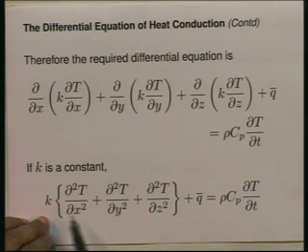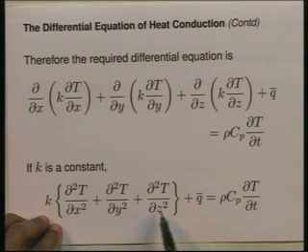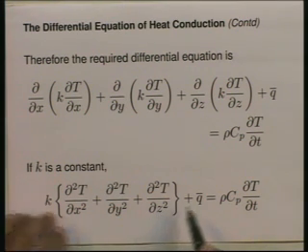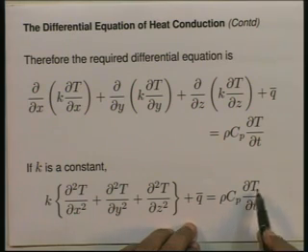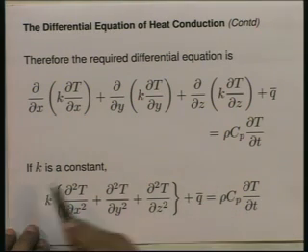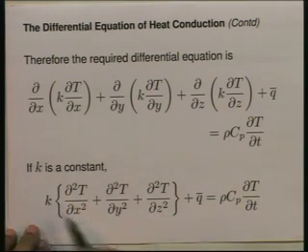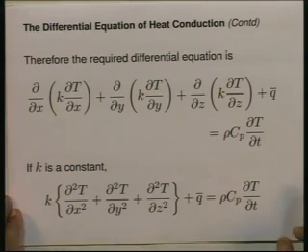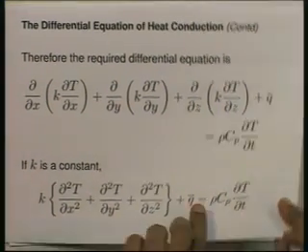We will get K into d2T/dx squared plus d2T/dy squared plus d2T/dz squared, plus q bar, is equal to rho Cp dT/dt. So, this will be the simpler form of the differential equation that we will get if K is assumed to be a constant.